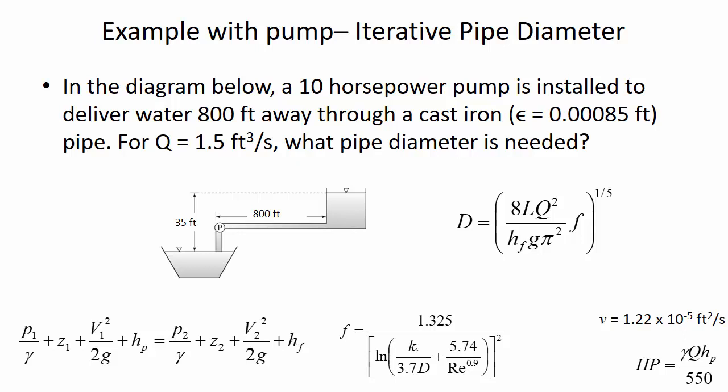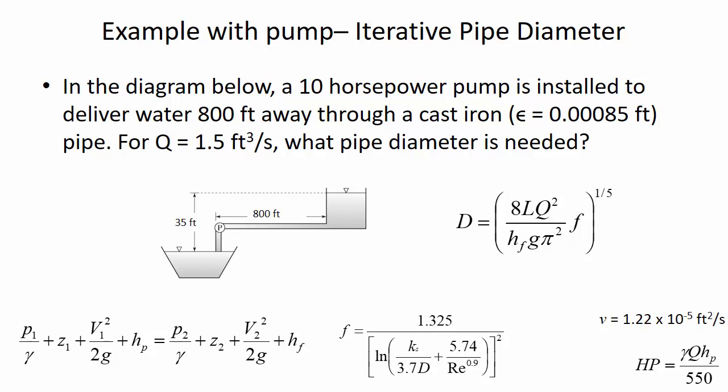We have to add the elevation difference, 35 feet of head, plus however much friction loss there is. And we don't know that yet. We're going to calculate that. How much friction loss is there when you are pumping 1.5 cubic feet per second through a pipe? We don't yet know the pipe diameter, so it's something that we have to iterate.